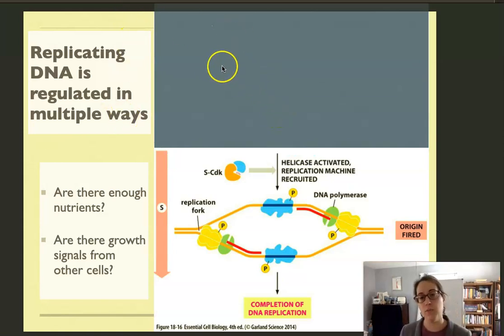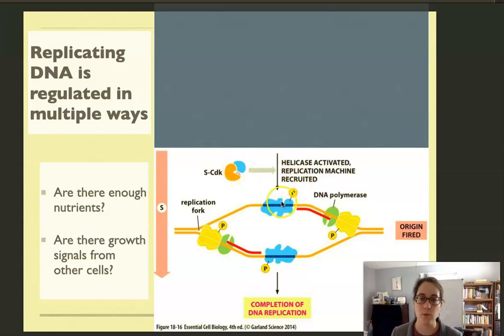And one of the proteins which can do this is the SCDK, when it's active, complete with its cyclin, S-cyclin. And so this SCDK cyclin complex, again, is a kinase complex. It adds phosphate groups.